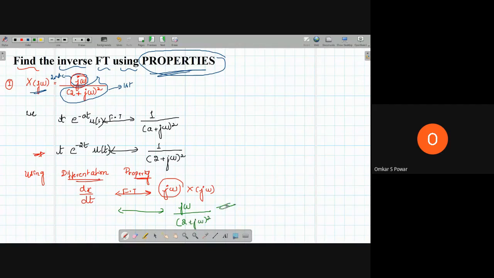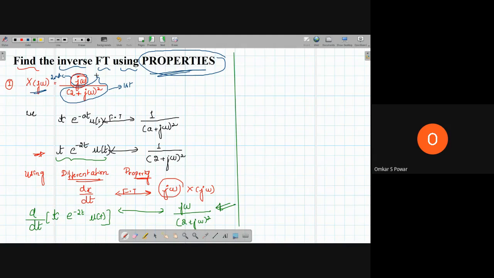If you multiply by j omega, you have to take the differentiation of this time domain signal. So your time domain signal is the differentiation of t e power minus 2t u of t.